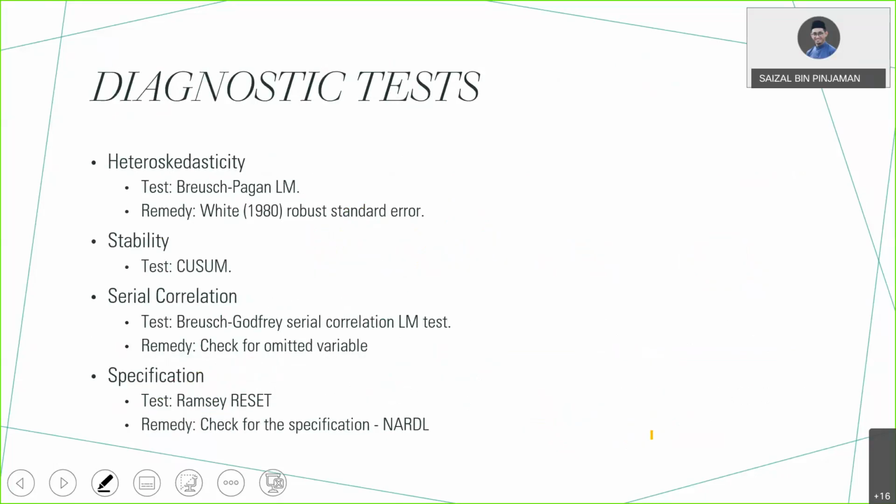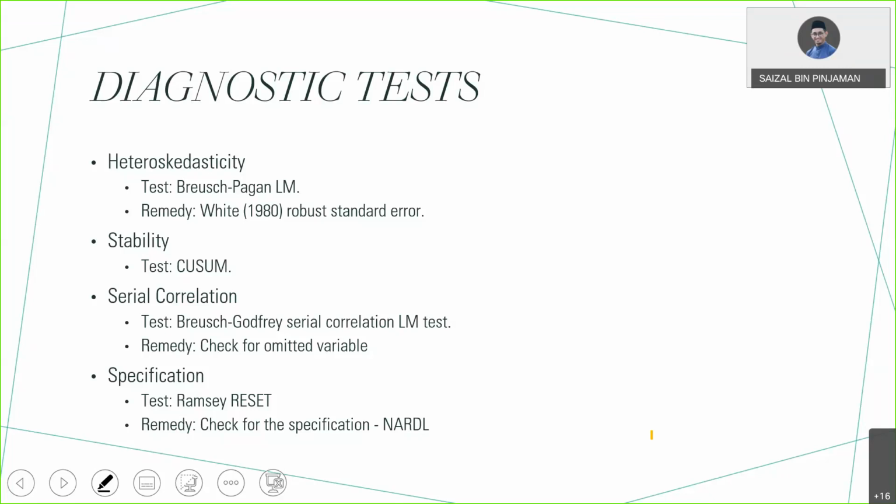So the ARDL model and, by extension, the ECM model can be analyzed further to identify whether the model is acceptable or not. There are a number of diagnostic tests that we can run to determine whether our ARDL model and the ECM model are correctly specified.